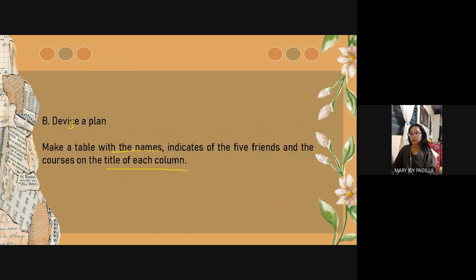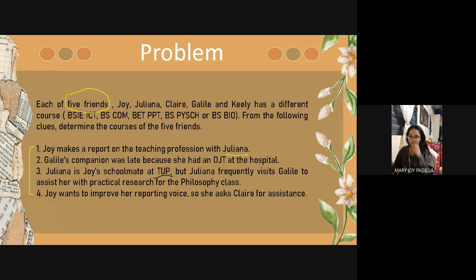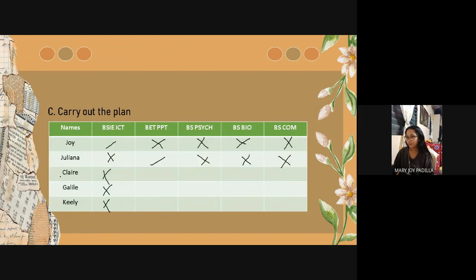Yan. So, balik tayo sa ating clue. Number 4, Joy wants to improve her reporting voice. So, she asks Claire for assistance. So, what about this one? I-X na natin sila dito.